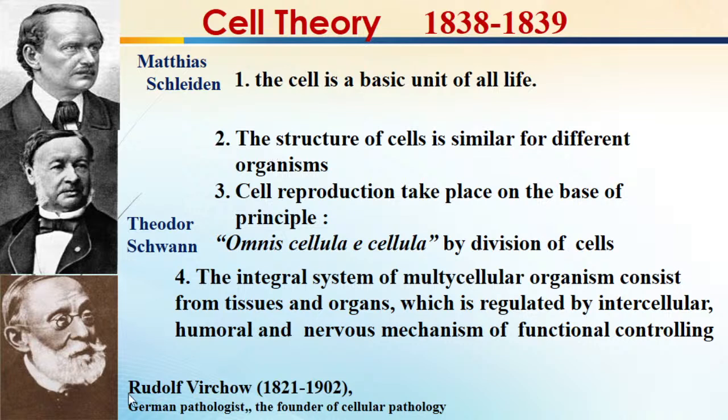And Rudolf Virchow, German pathologist and founder of cellular pathology, added these main principles: cell reproduction takes place on the basis of the principle omnis cellula e cellula, by division of cells, and continuous development of cell theory added the next fundamental phrase, that the integral system of a multicellular organism consists of tissues and organs, which is regulated by intercellular, humoral and nervous mechanisms of functional control.